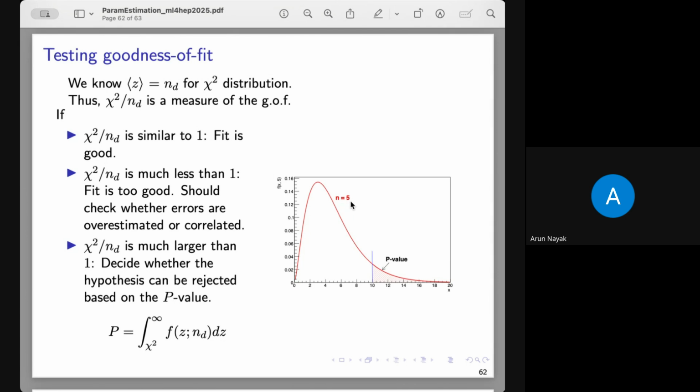The standard deviation is the square root of 2n, which is the square root of 10. In this case, 10 would be within 2 standard deviations of the mean. But you have to think about what to accept or not, and I don't know if there is a clear recommendation on what to accept and what not.